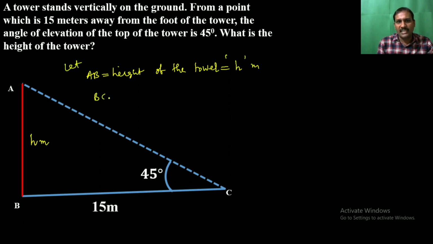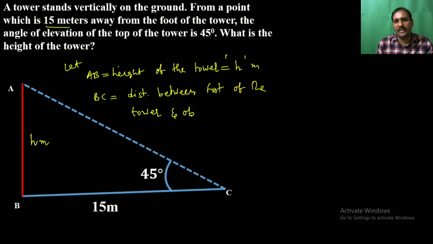And BC is the distance between the foot of the tower and the observer. And what is that? That is given in the problem. That is nothing but 15 meters. And what is the angle of elevation? Angle ACB is equal to 45 degrees. Or you can call this angle C.